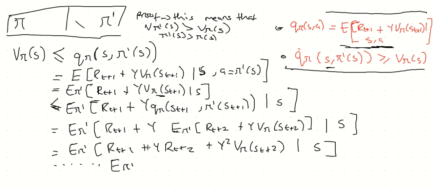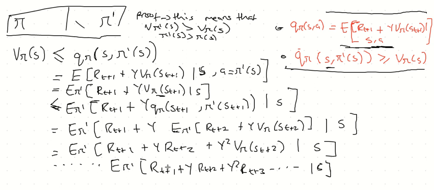So we have the expectation under pi prime here, and we have R_{t+1} plus gamma multiplied by R_{t+2} plus gamma squared R_{t+3} and so forth, right, given s. Now this is starting to look like something else.